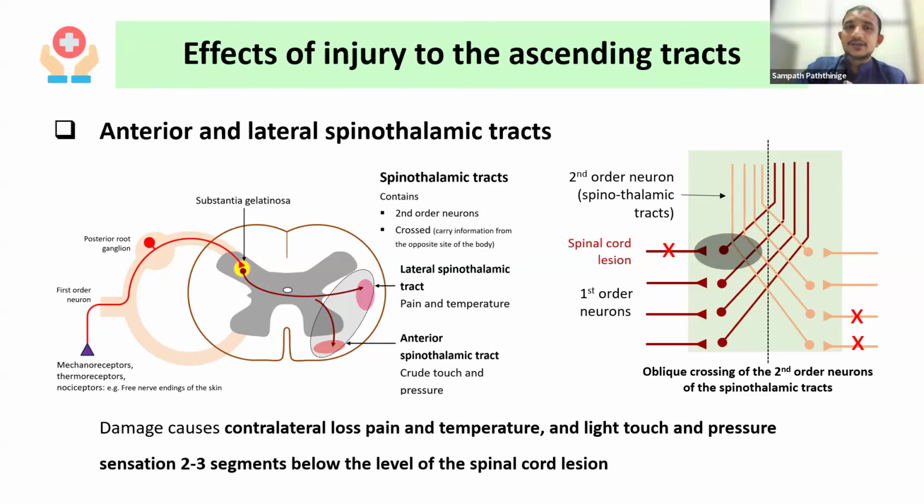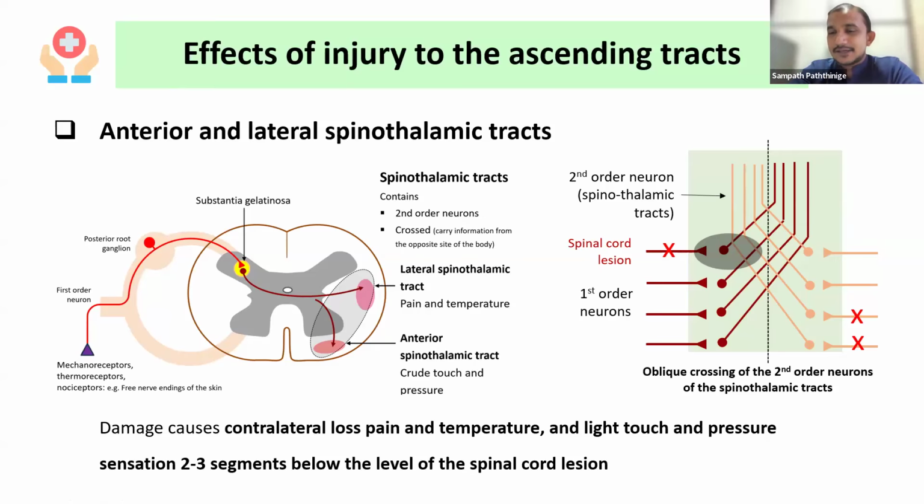And on the opposite side, you can see the area which is damaged. For example, if the entire region is damaged, the first order neurons which are here will be affected, and then the spinothalamic tracts. As the spinothalamic tracts cross obliquely, the second order neurons which are rising from the same level or one segment below will not be affected.